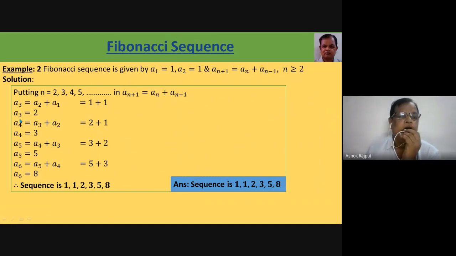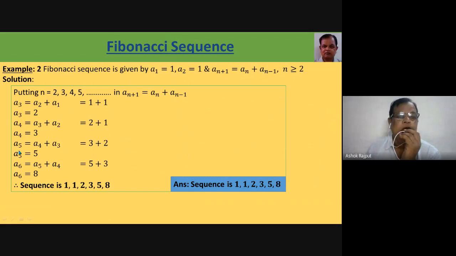Now going to the next: we put n equal to 3. Then a4 = a3 + a2 = 2 + 1, so a4 equals 3.